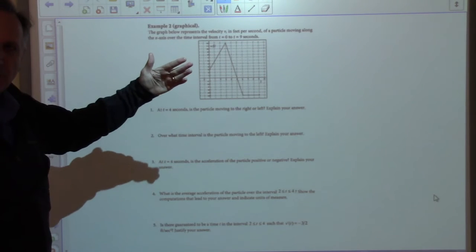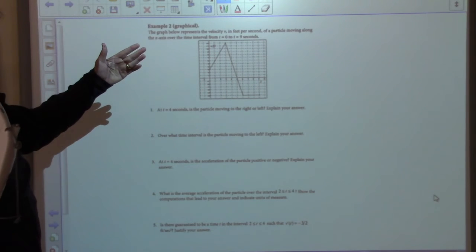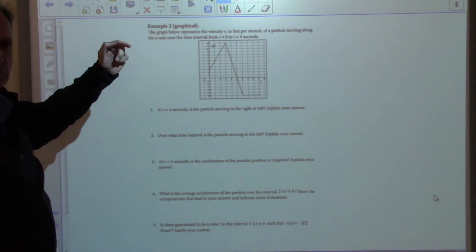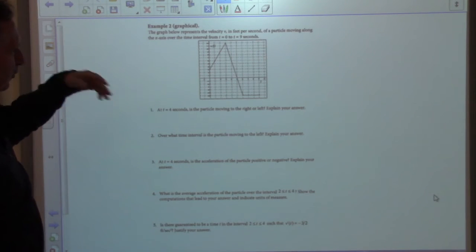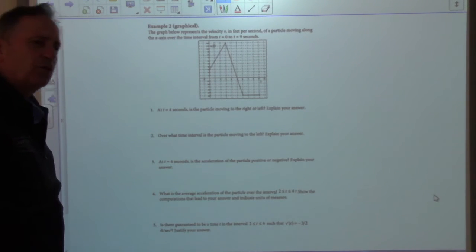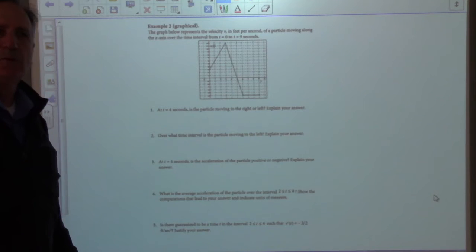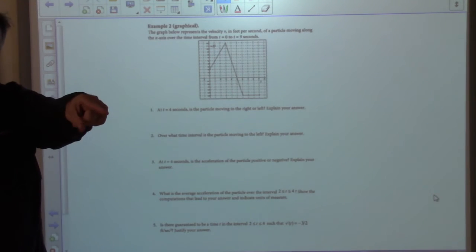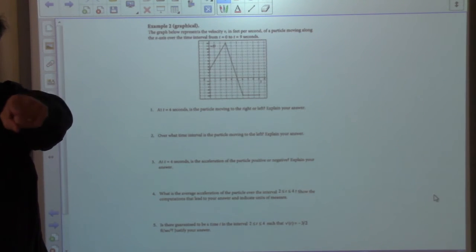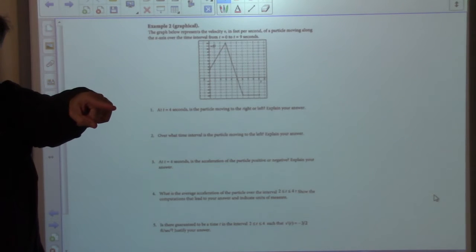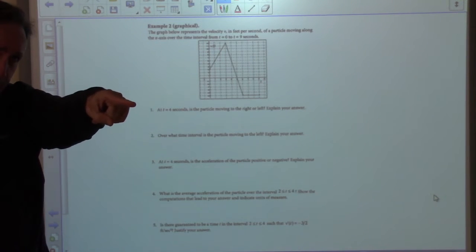Any other guesses? At t equals 4, is the particle moving to the right or to the left?